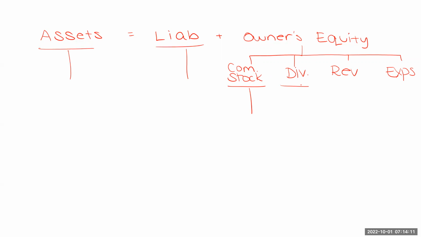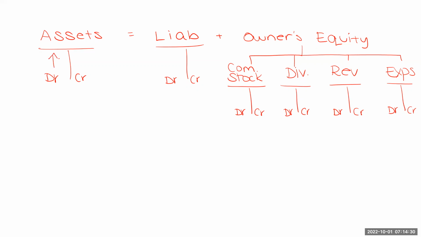T accounts for all these lovely things. Give each side its left side, right side, left side, right side. You'd be surprised how many times I give students quizzes and I see them write this at the very top before they get started because they just want to remember all their normal balances.